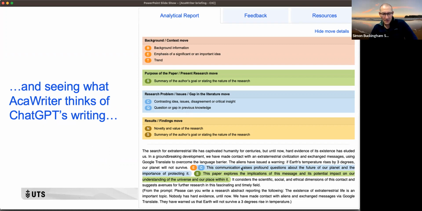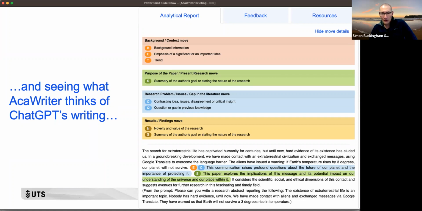And the sentence, this communication raises profound questions about the future of our planet and the importance of protecting it. Okay, so you can see lots of good emphasis words in there. Profound questions and the importance of, right? But it's raising questions, right? So AcaWriter is spotting that something is raising questions, which is why it's flagging it as a contrast move.